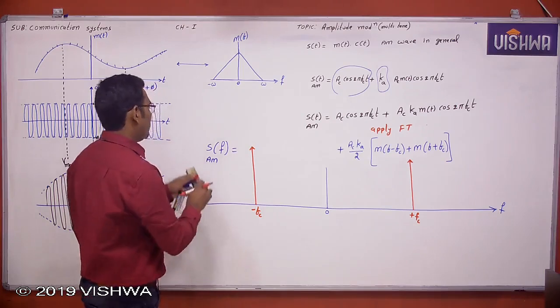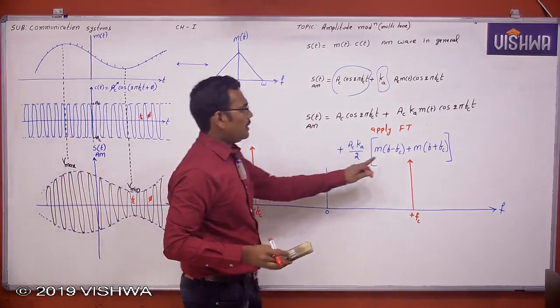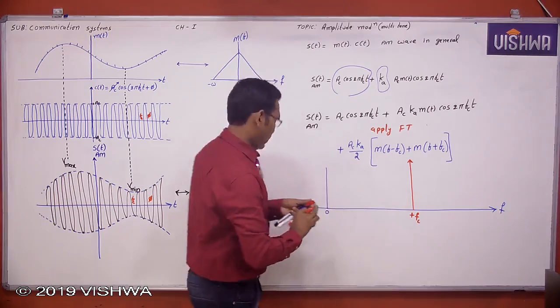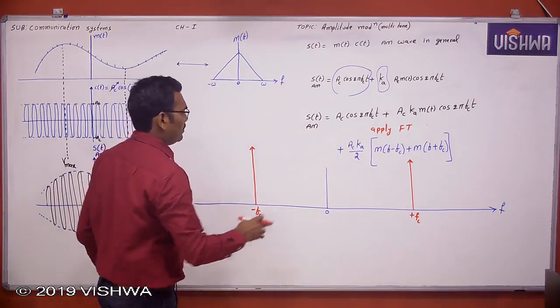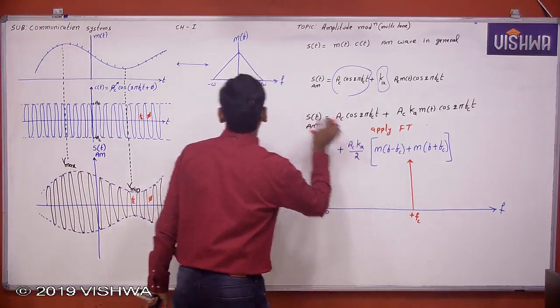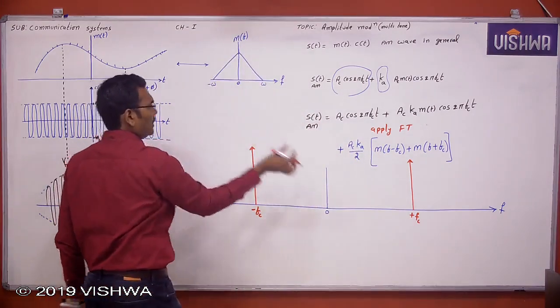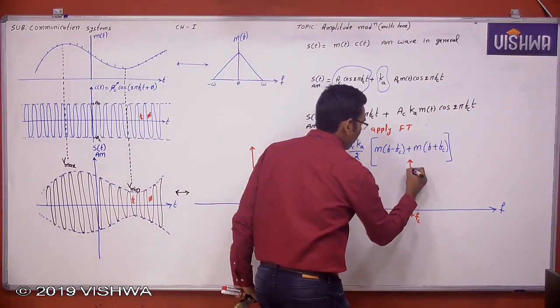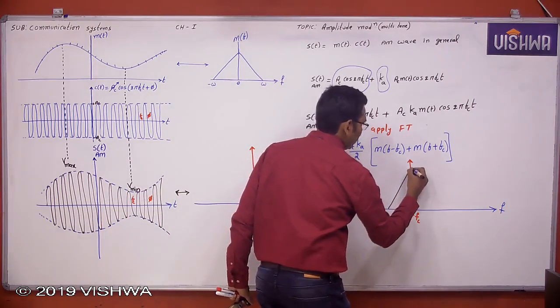Okay. Next. Now m of f minus Fc equal to 0 gives f equal to plus Fc, which is m of f. M of f is this. Now this 0 is at plus Fc. Now that origin is shifted to plus Fc.